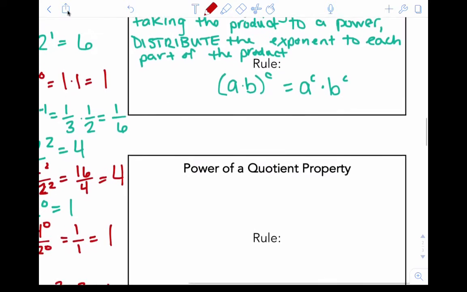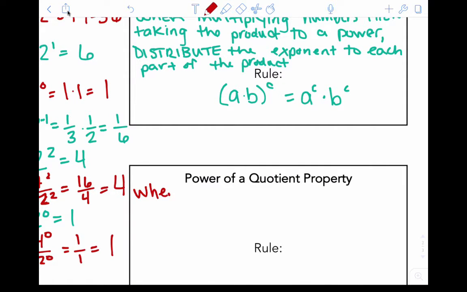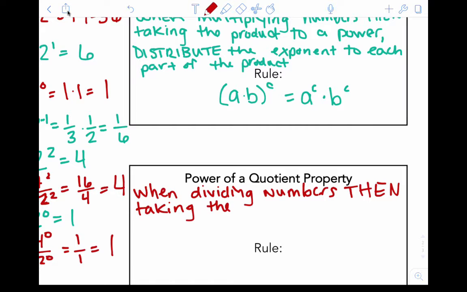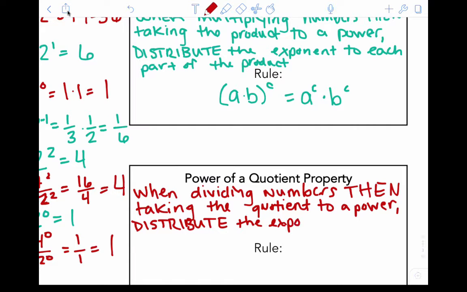So the power of a quotient property is going to say, when dividing numbers, then taking the quotient to a power, distribute the exponent to each part of the quotient.